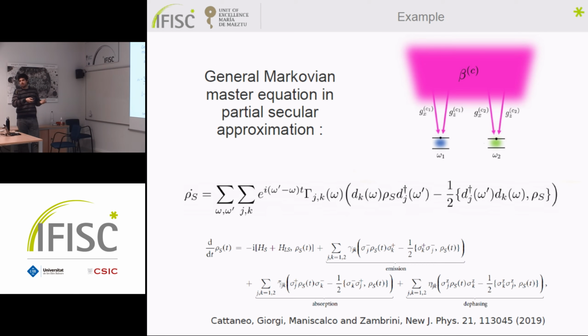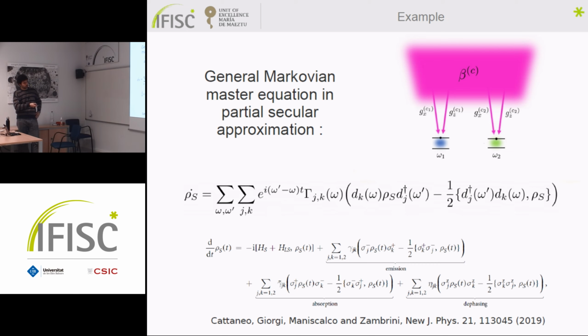This is an open system, of course. There is a common bath. There is a way of writing this master equation in partial secular approximation. It's contained in our paper, and it's this. If you remember, before, when I was discussing the technical details of the partial secular approximation, there were these jump operators.